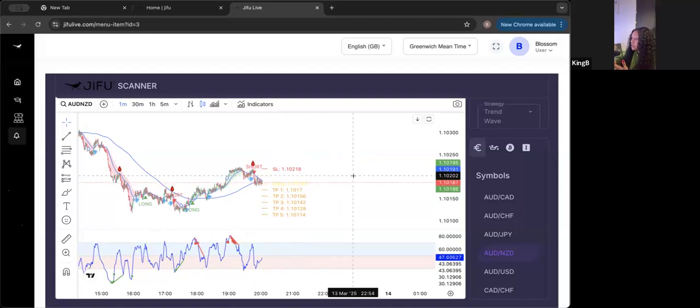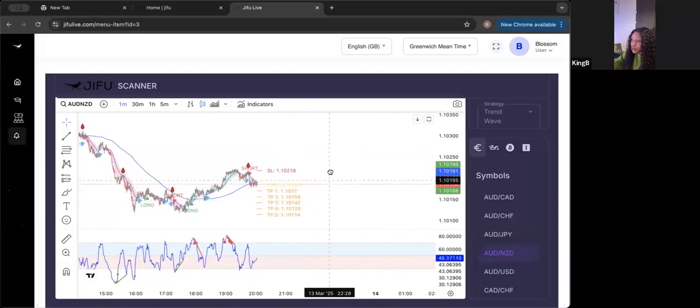I chose AUDNZD because I think it's under the Asian session as well, right? So around this time it's probably not so bad to start looking at it, to see whether the setup is going to be ready very soon. So right now you can just tell that everything is not in alignment. So patience.